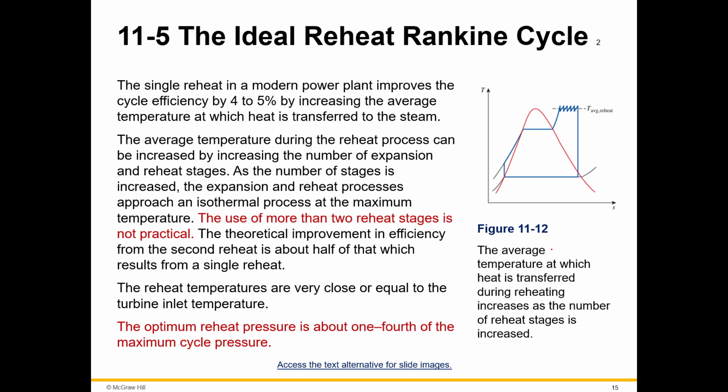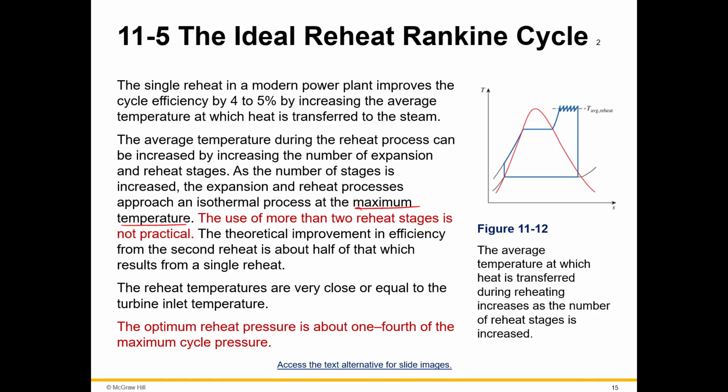Okay? And then the average temperature during a reheat process can be increased by increasing the number of expansion or reheat stages. That's what I just mentioned. As the number of stages increase, the expansion and reheat processes approach an isothermal or constant temperature process at the maximum temperature. So remember, we still have those maximum limitations, right?